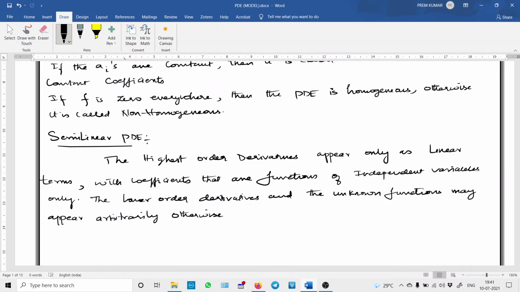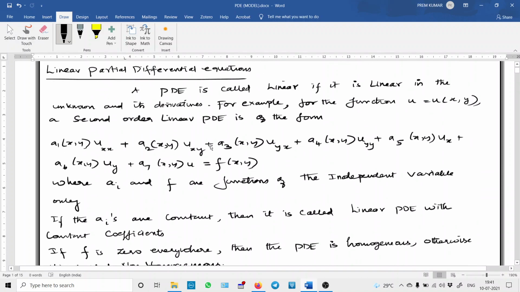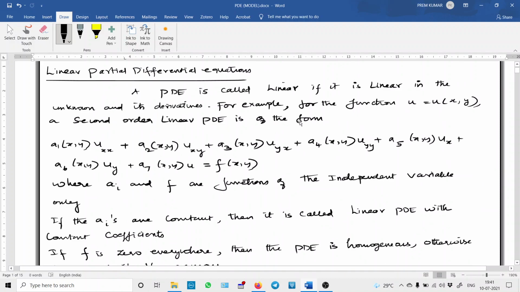See the highest order derivatives. For example, in this linear partial differential equation, what are the highest order derivatives? Second order: this u_xx, u_yy. Only these terms will be linear. We cannot guarantee that u_x, u_y, u will be linear; they may be non-linear. There may be a product of u_x and u_y.